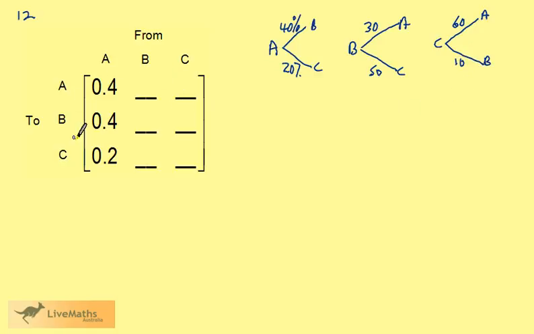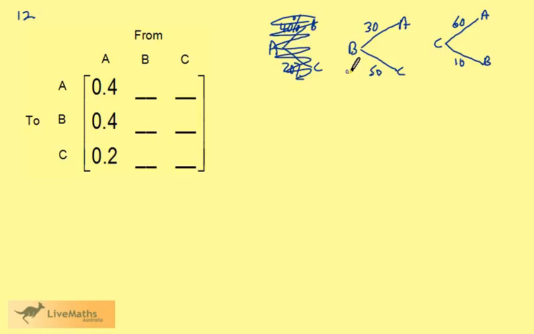We're asked to complete this transition matrix. We can see so far that we have A losing 40% to B and 20% to C, meaning that it retains 40%.